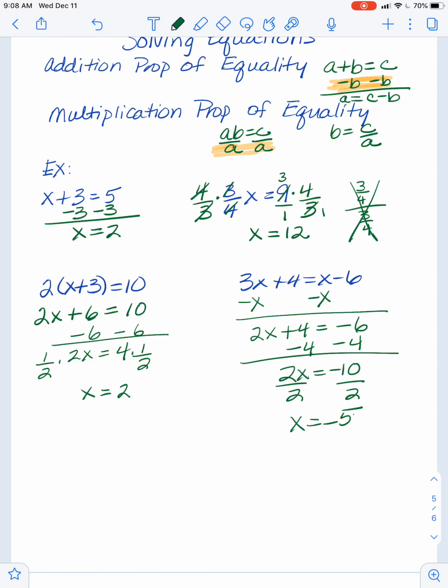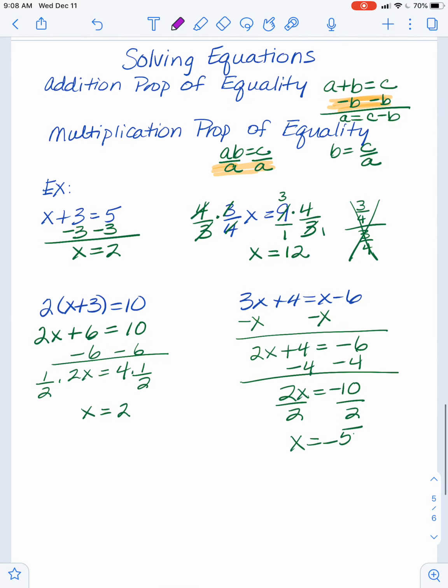The other thing that I want you to remember when you are solving equations is there are 3 possible answers. Okay? 3 possible answers.